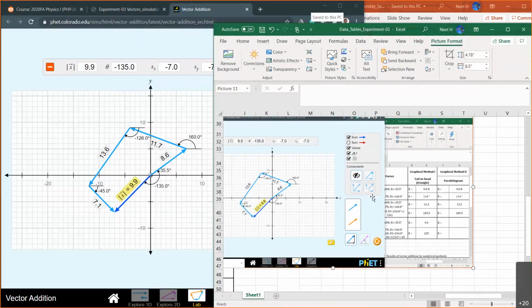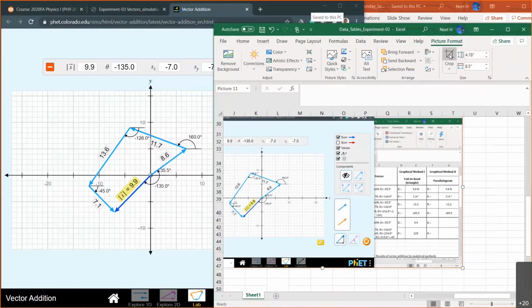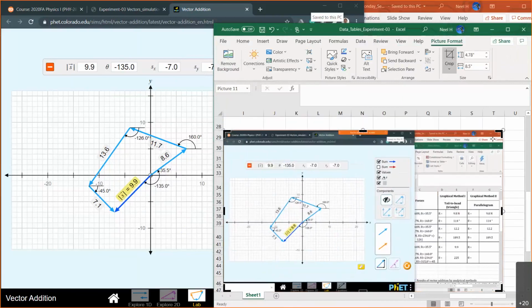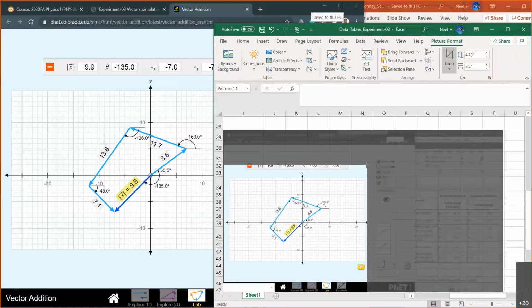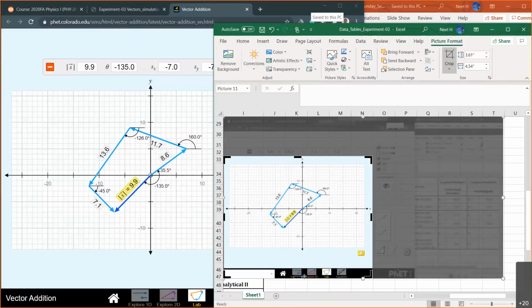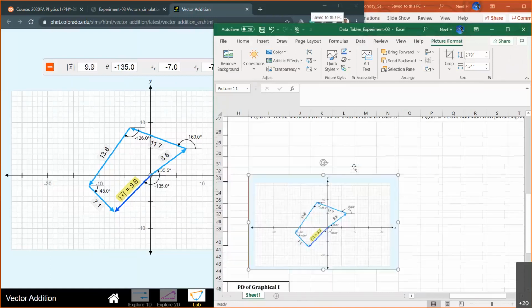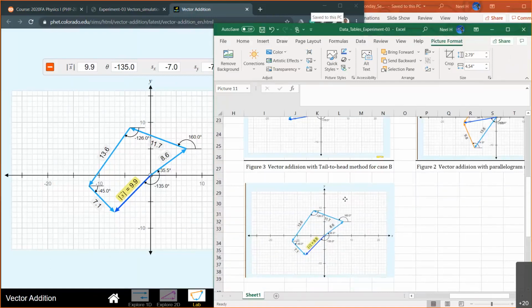Crop out any unnecessary space. We don't need any other information. We just need that graph. Okay. Right. So that is our fifth figure.